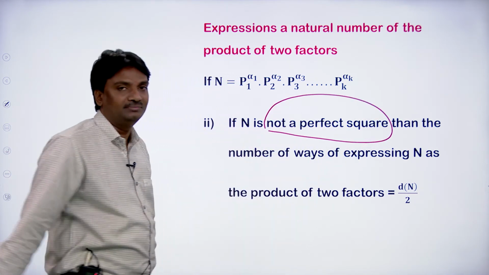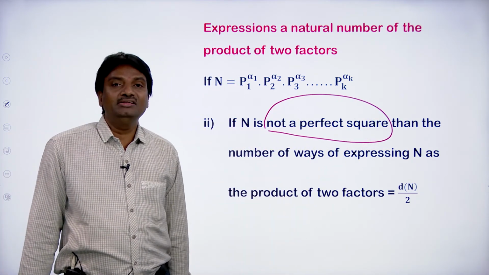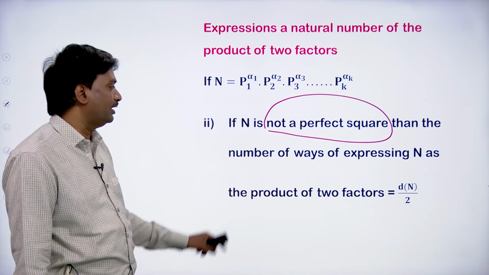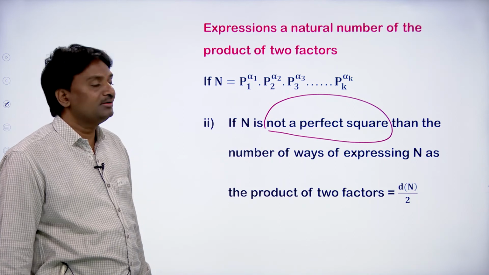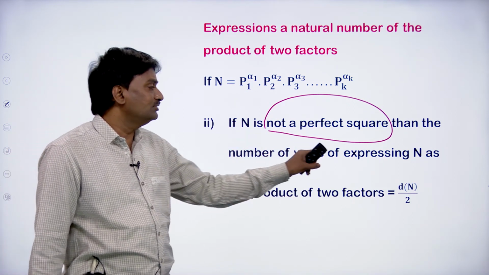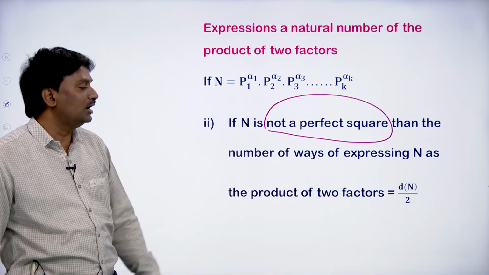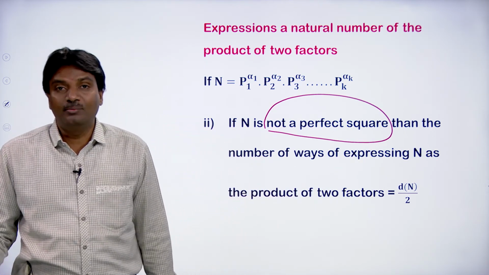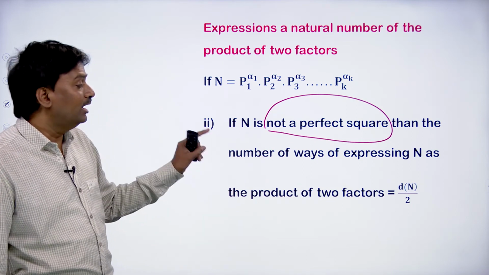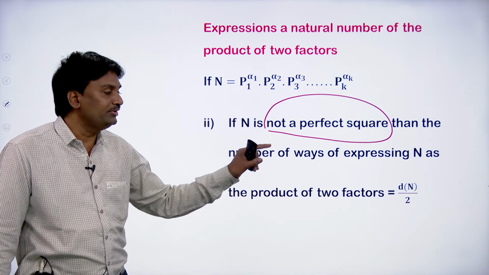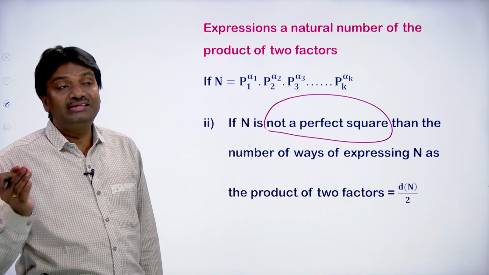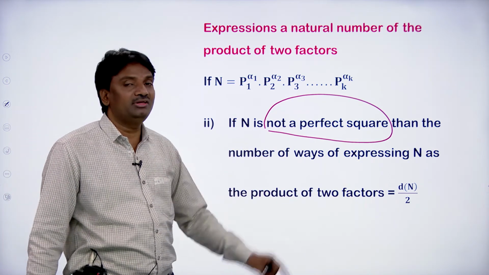For example, 12 is not a perfect square. If n is not a perfect square, then the number of ways of expressing n as the product of two factors is d(n) by 2 only. In the above case we took (d(n) plus 1) by 2; here we take only d(n) by 2. d(n) is the number of divisors of n.